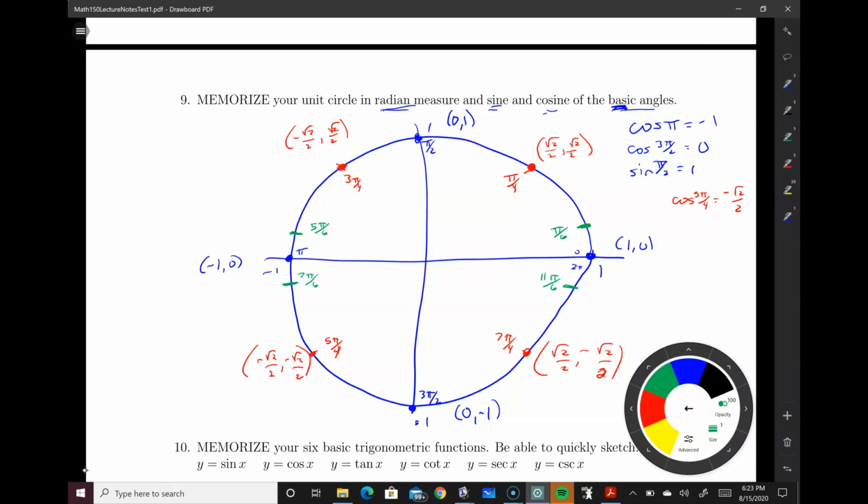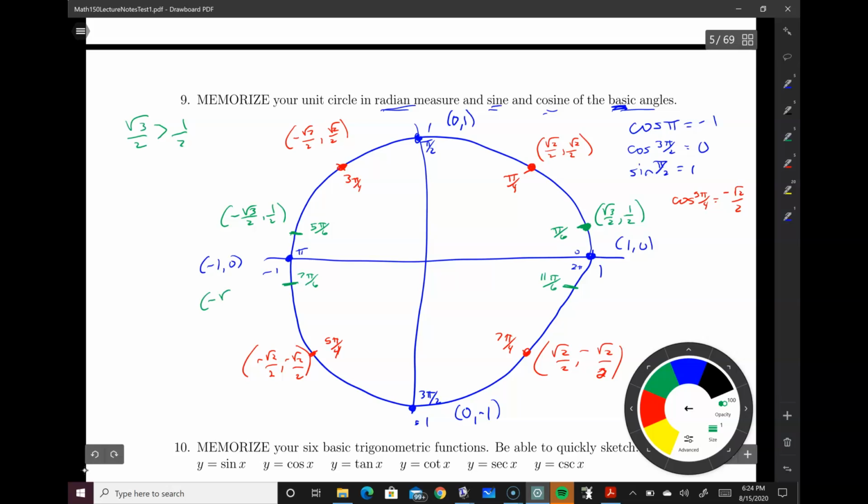All right, so these pi over 6 terms have two numbers, root 3 over 2 and 1/2. So you know that root 3 over 2 is the larger number. Root 3 is bigger than 1, dividing them both by 2. So thinking about what the xy points are, this is large in the x direction, so root 3 over 2, small in the y direction, so positive 1/2. This is large negative in the x direction and small positive in the y direction.